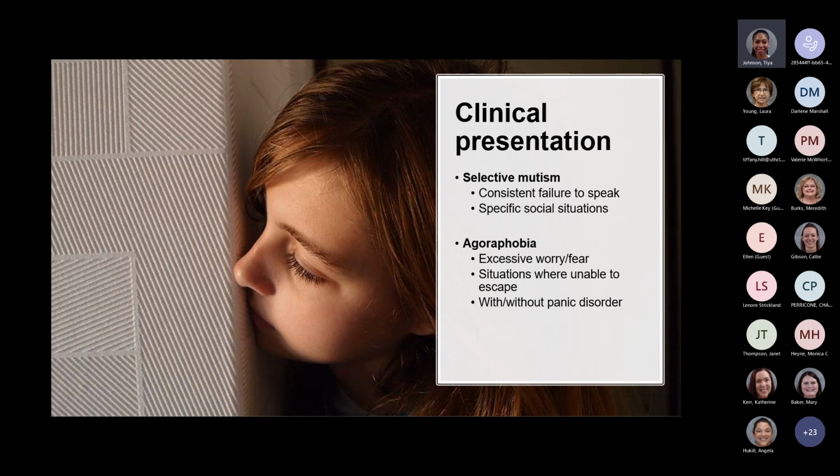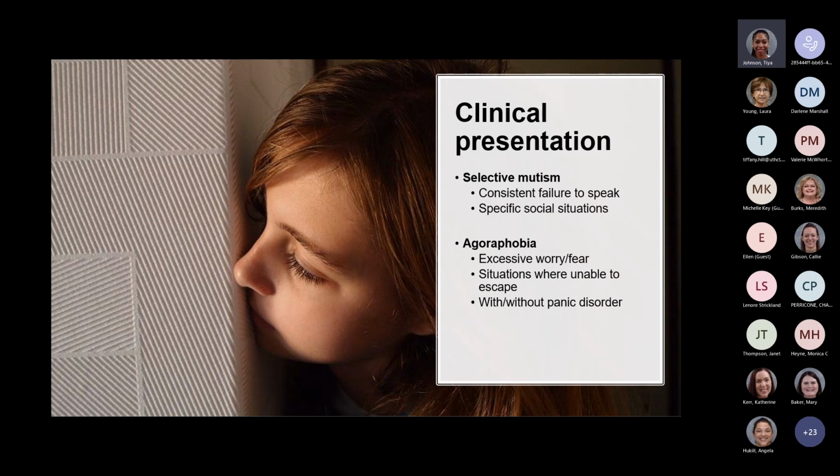Selective mutism falls under the anxiety disorder category in the DSM. And so selective mutism is a consistent failure to speak in specific social situations where speaking is expected despite speaking in other situations such as at home. So with selective mutism, you will usually get a clinical presentation of a kid who talks to family at home, but if they go to a restaurant, they cannot order their own food.